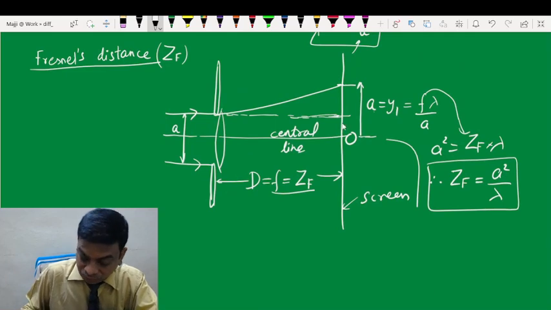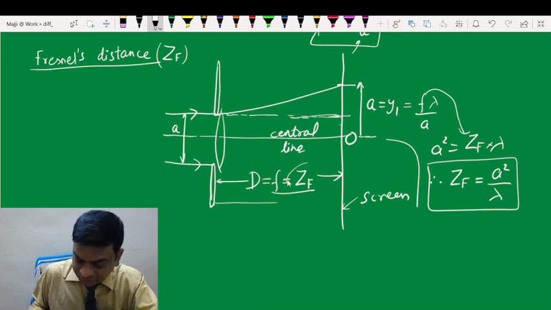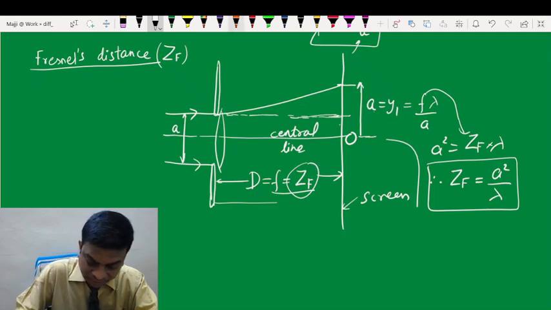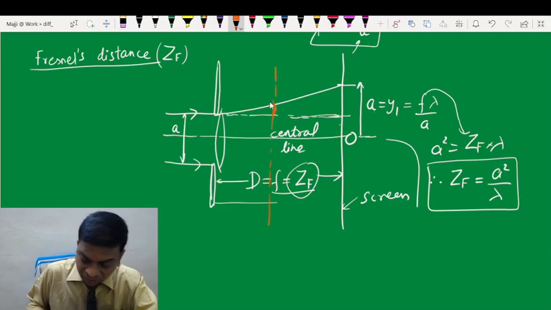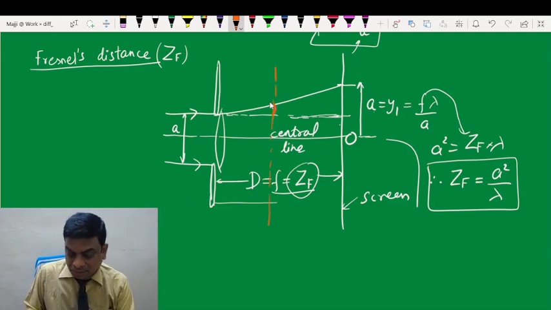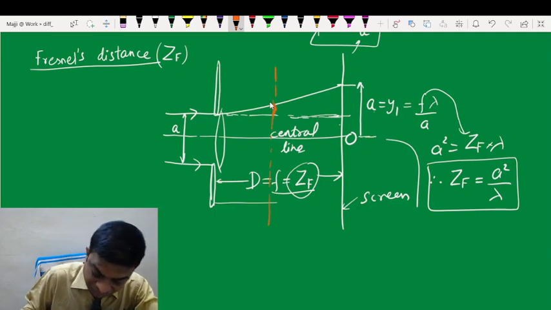That means if the screen is placed at a distance less than ZF, let us say somewhere here, then the deviation of the light, that is, the first secondary minimum, is formed here.